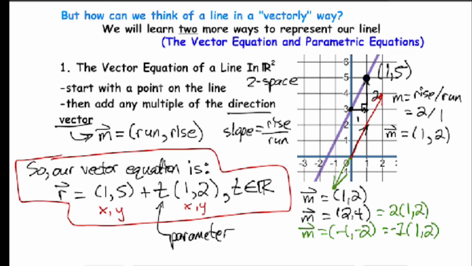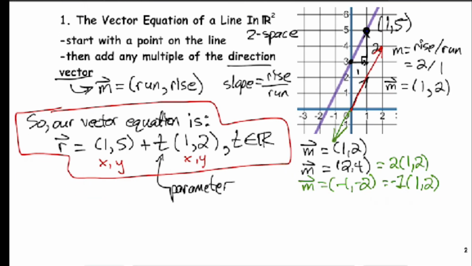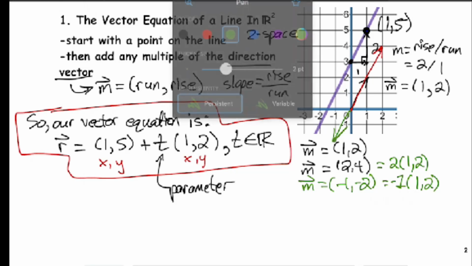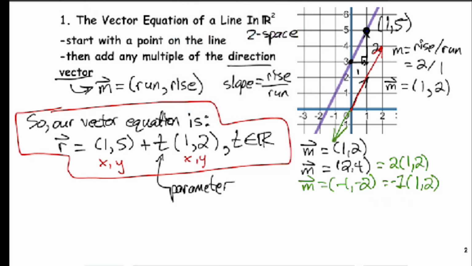So that's okay. Let's take a look at a quick example here with our vector equation. What happens if our parameter is equal to 1? So if t is equal to 1, then our x components are going to be 1 plus my parameter, 1 times 1.